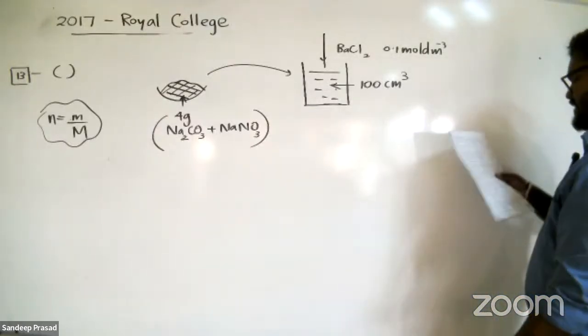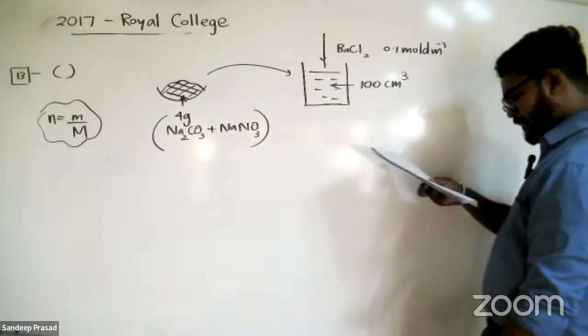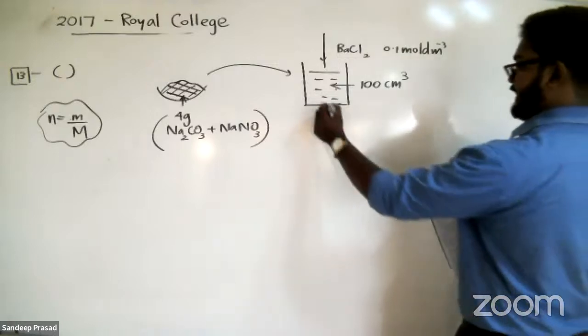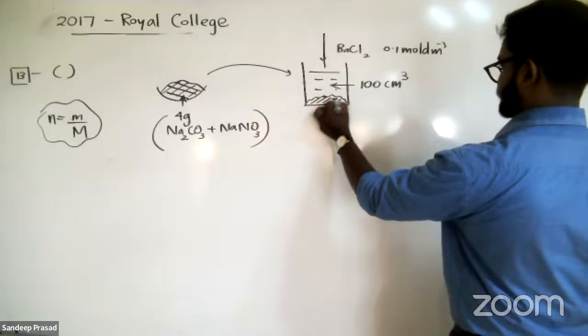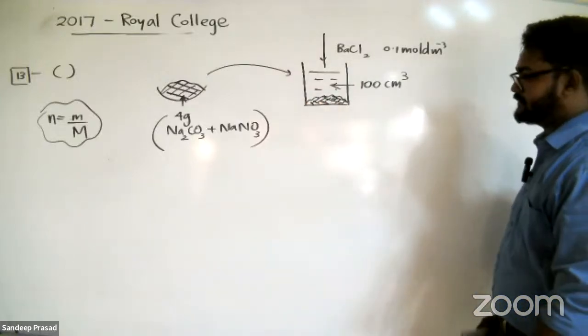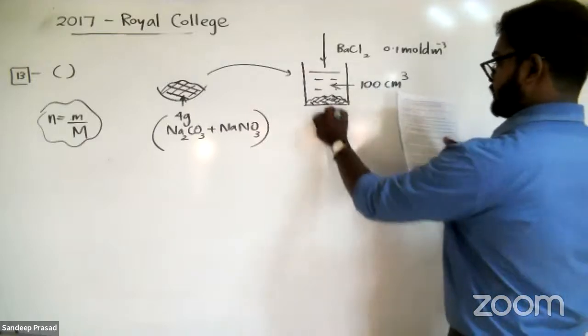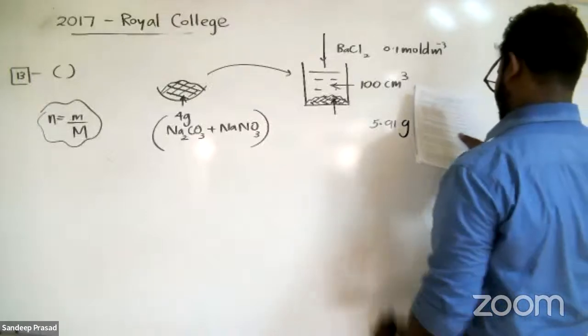So then barium chloride is added. When barium chloride is added, they have obtained a precipitate. When you add barium chloride to the solution, a solid is formed, a new solid. Let's see what that is. That solid mass is 5.91 grams.